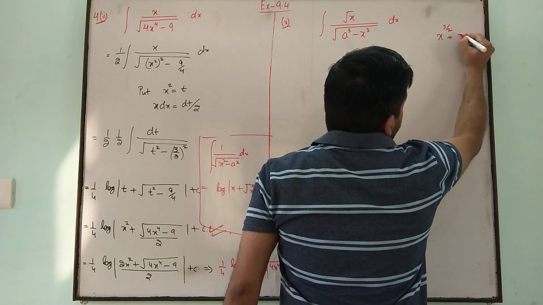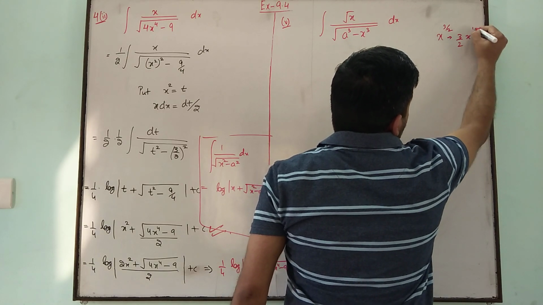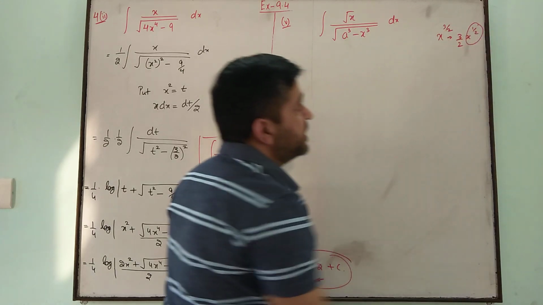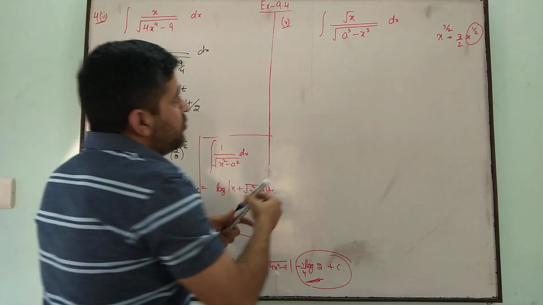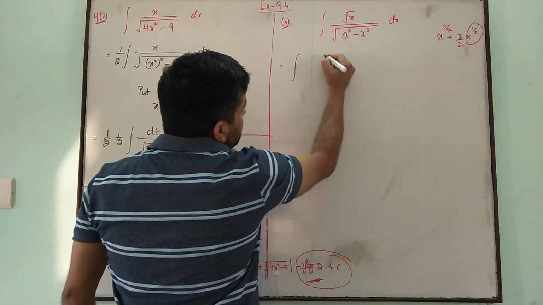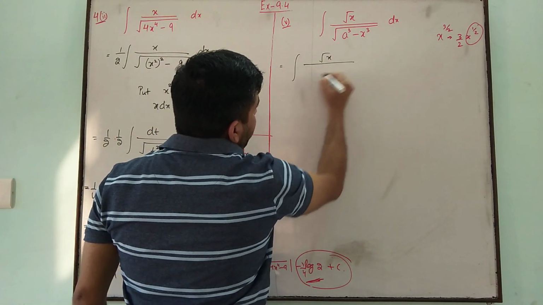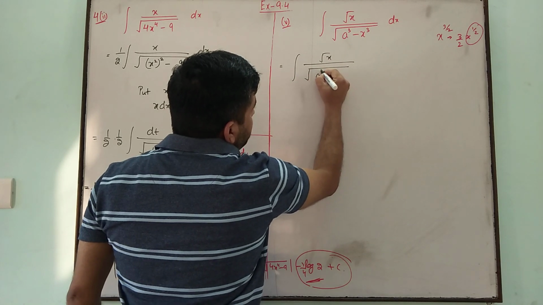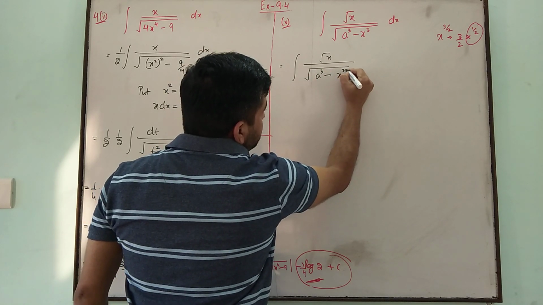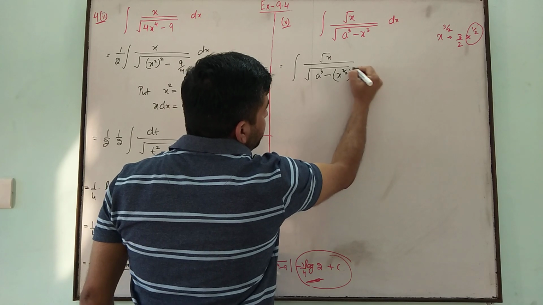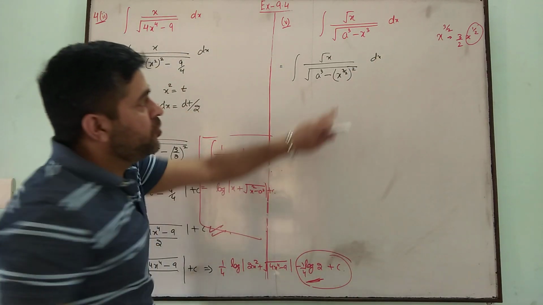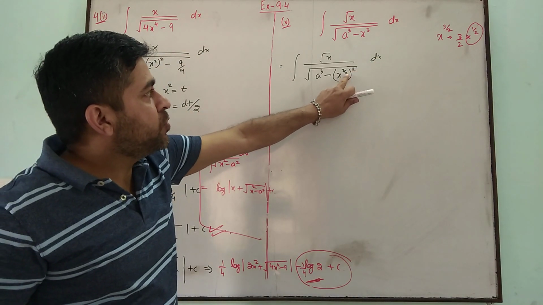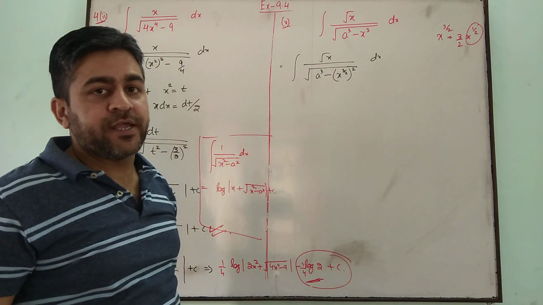See, 3 by 2, x to the power 3 by 2 minus 1 is 1 by 2. Constant hardly matters. So now what we can do is root x divided by a cube minus x to the power 3 by 2 whole square. If you open this, you will get 2 and 2 cancelled. We got x cube only.